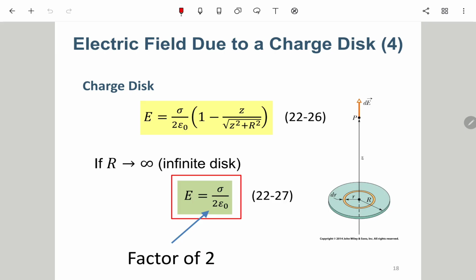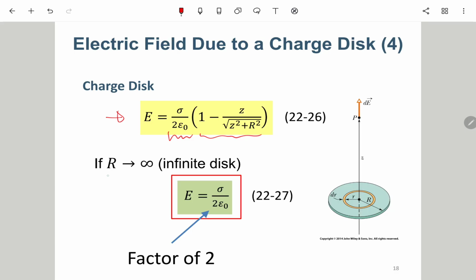In that case, if R is not infinitely large, we have the expression of the E field along the z-axis like that. We have this part and then 1 minus this stuff, related to the distance and the radius, related to the geometric shape.